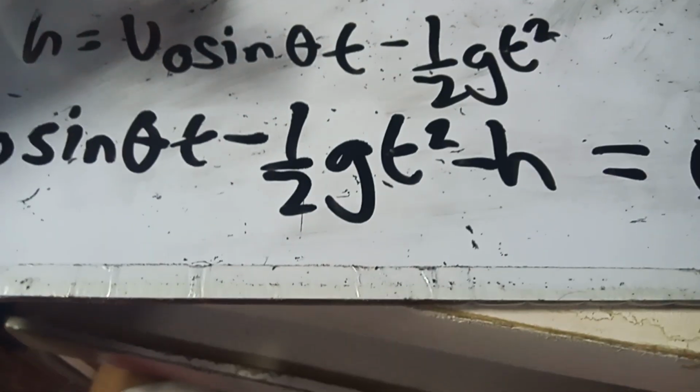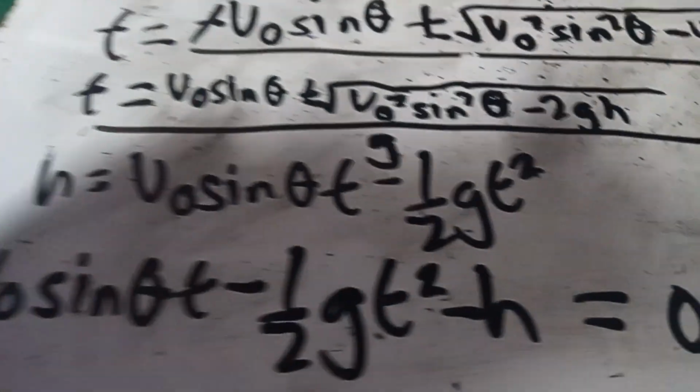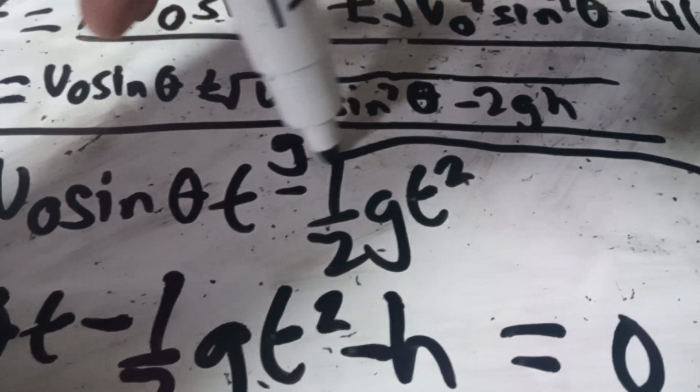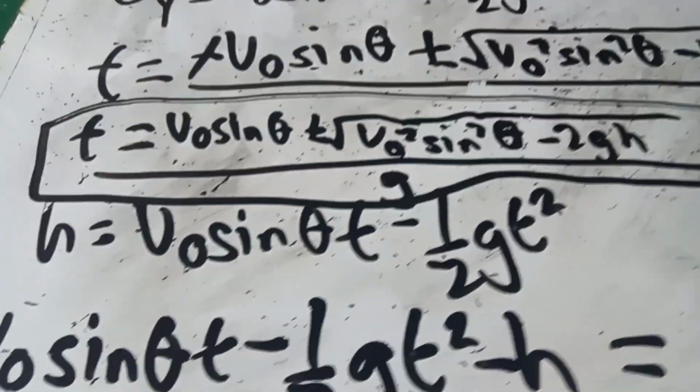Also, there's three negatives. Yeah, minus 2gh all over g. So this is the formula if you want to get the time given a certain height, which is h.